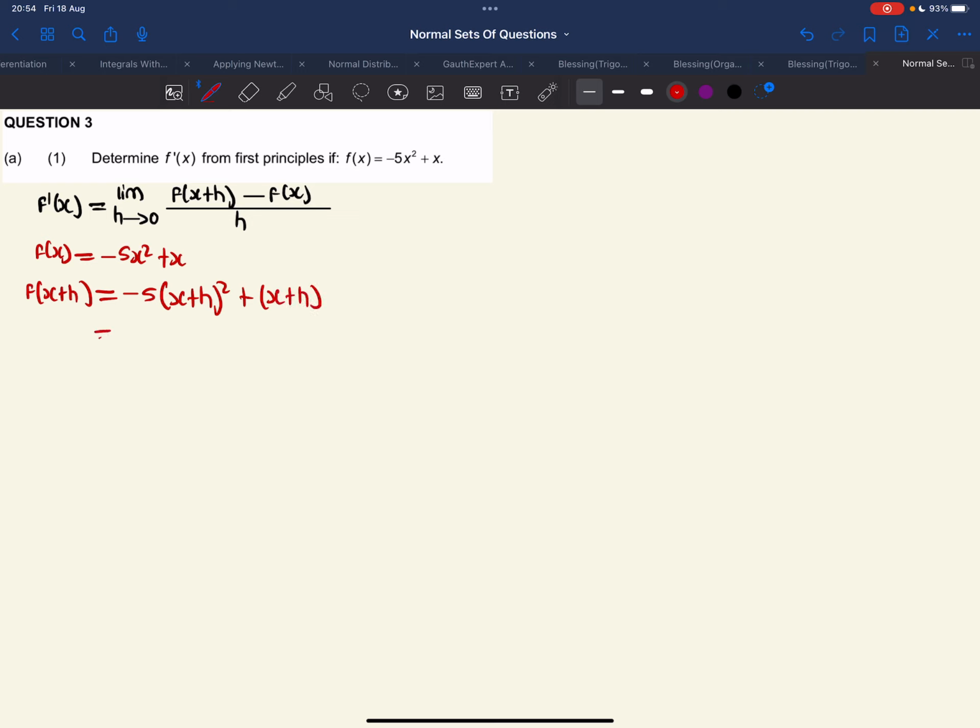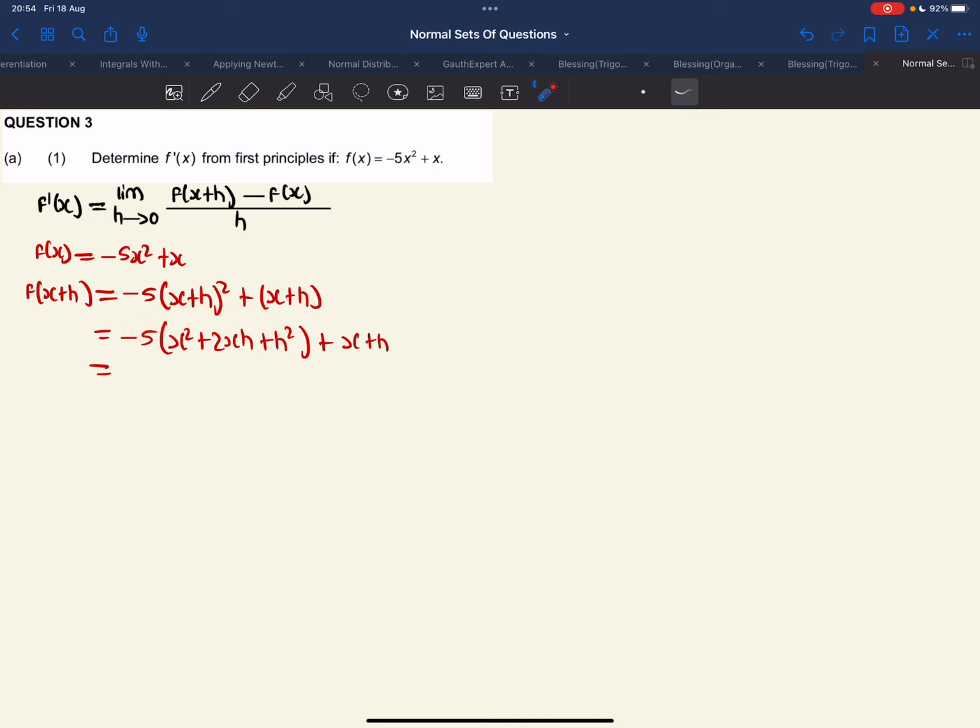Then we're going to simplify. Then we're going to have minus 5 times (x squared plus 2xh plus h squared) plus x plus h.